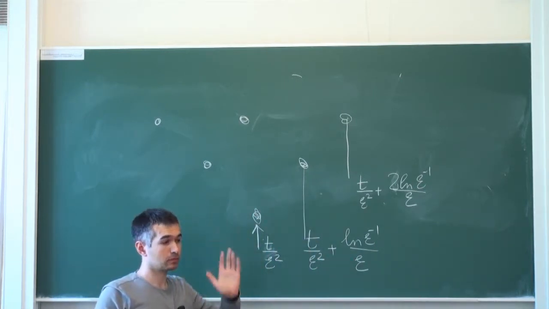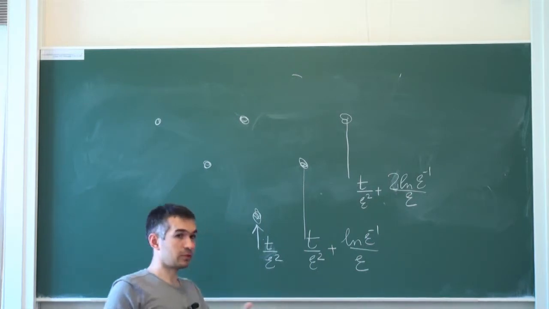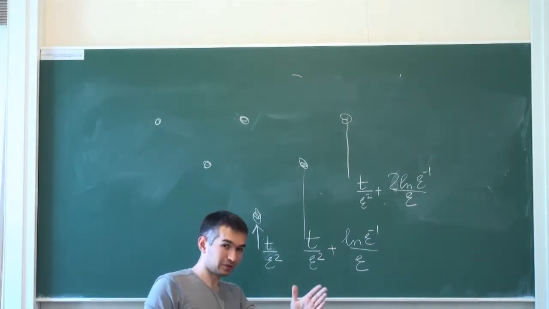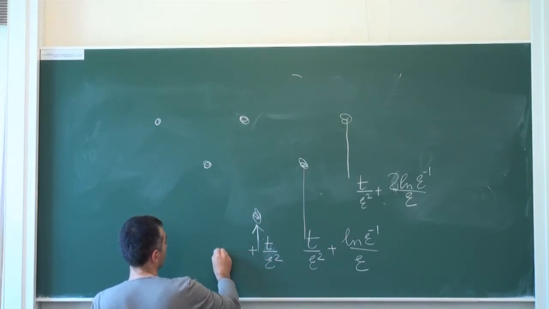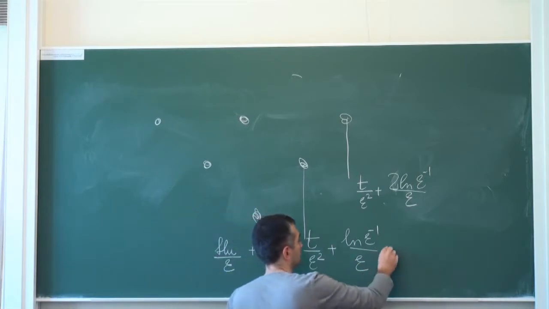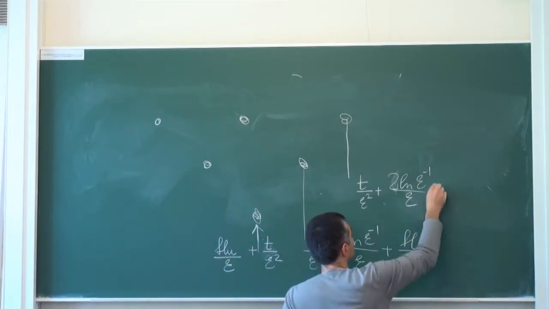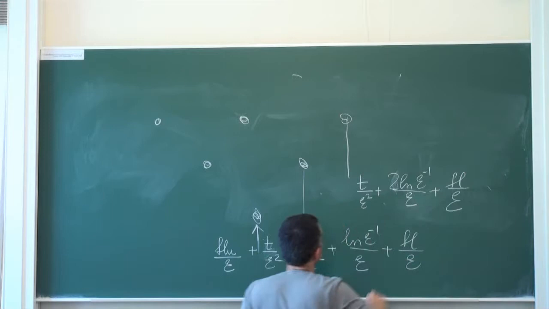Now, there has to be some randomness that remains, right? The particles are still wiggling a little bit, so there will be a correction. There will be fluctuations of size 1 over epsilon, everywhere.